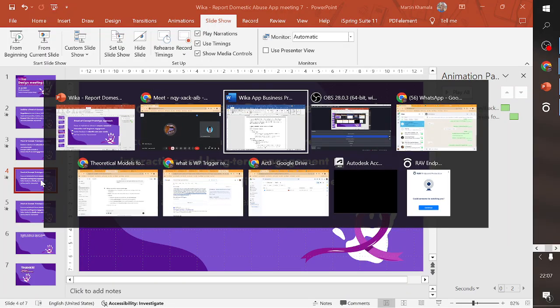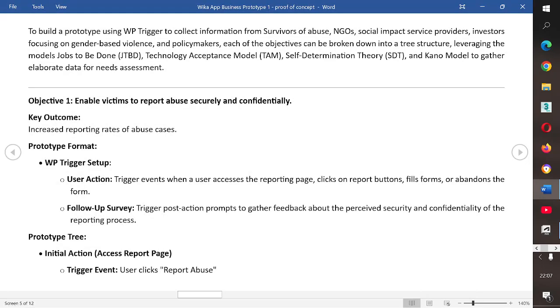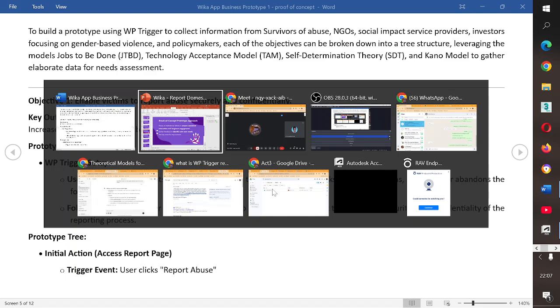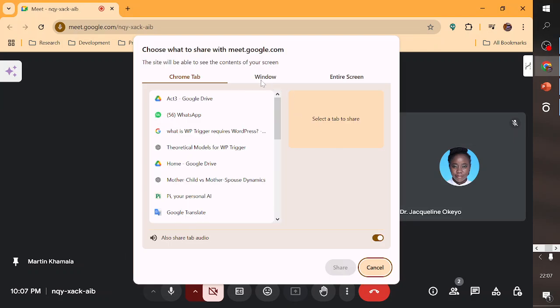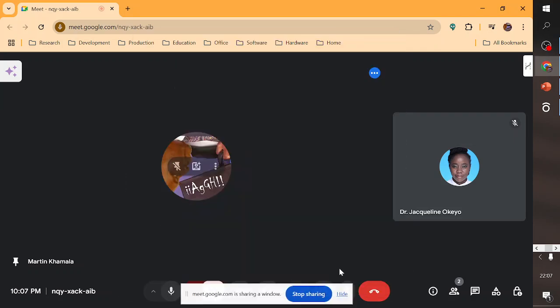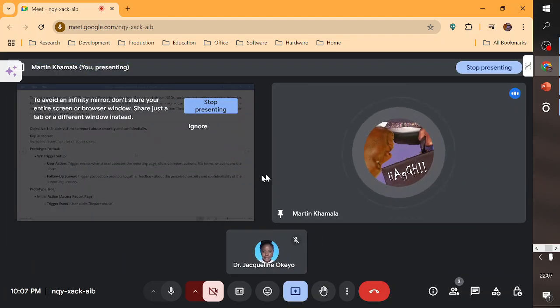Okay, because I want to switch gears. I had not finished this presentation, so I want to switch to a Word document that I was using to build up a presentation. Let me set it up, then I'll share my screen. Because it's now Word, the layout is different and it's a bit more detailed. So let me just share my screen again. I'll complete the presentation.